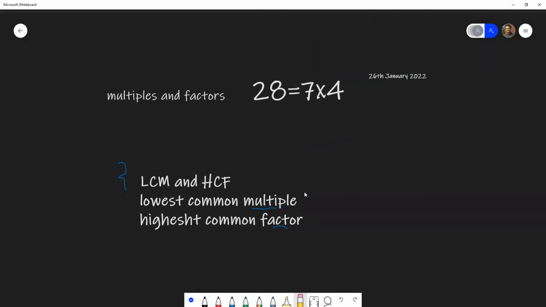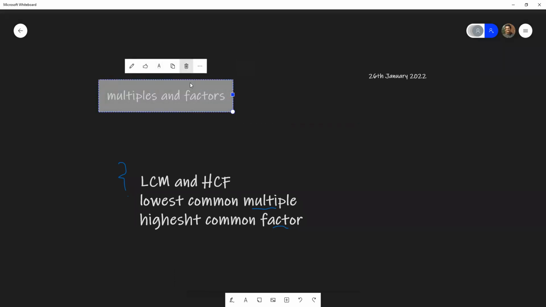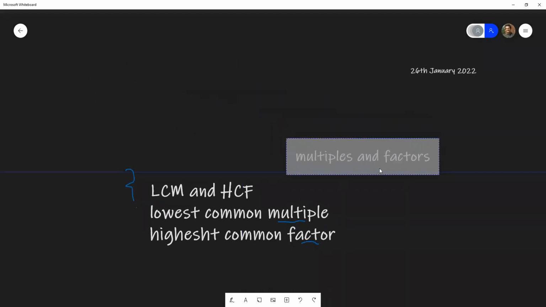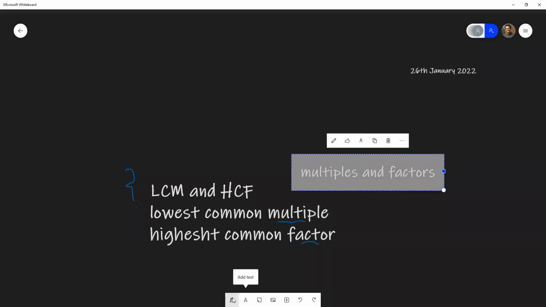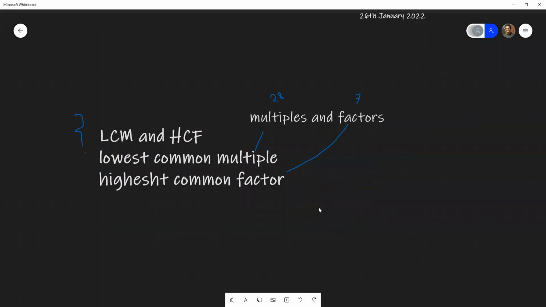LCM is like a three-letter code. Because we have these similar words, multiple, which goes with this, and factors, which go with this. If you understand that 28 is a multiple and 7 is a factor, it's going to be easy for you to understand LCM and HCF: lowest common multiple and highest common factor.